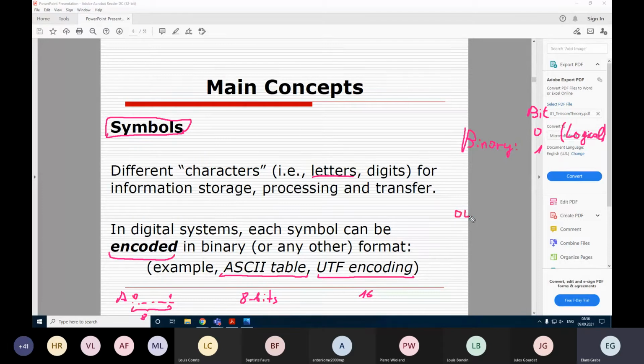From 8 bits you can make combinations starting from 8 zeros, yes, and ending with 8 ones, which gives in total 256 possible combinations, which can be calculated as 2 to the power of the number of bits. Yes, and it's certain that it will be nowhere near enough for all the languages in the world.